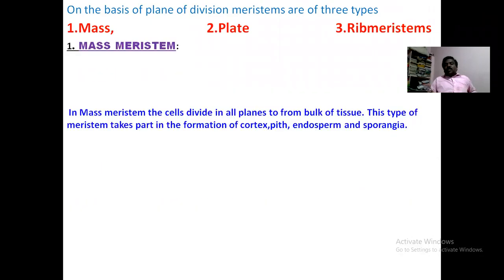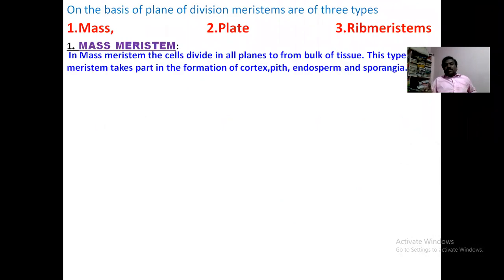In mass meristem, the cells divide in all planes and form the bulk of tissues. This type of meristem takes part in the formation of cortex, pith, endosperm, and sporangia.